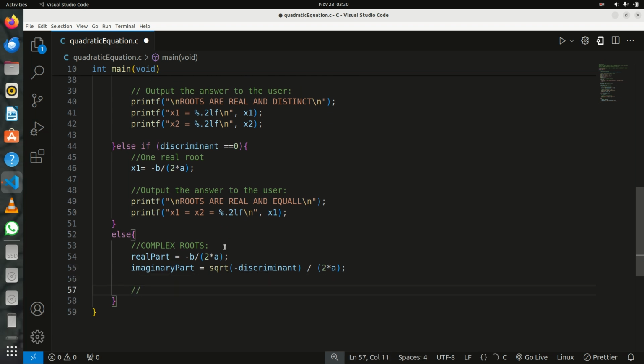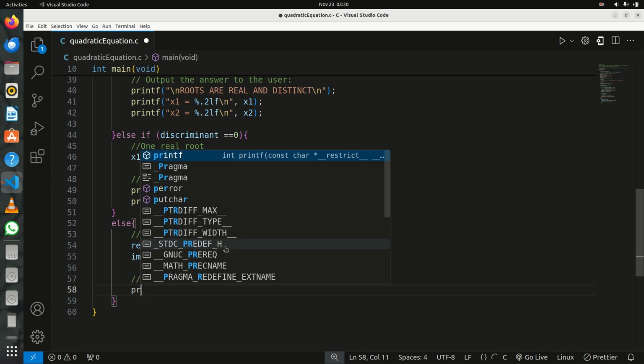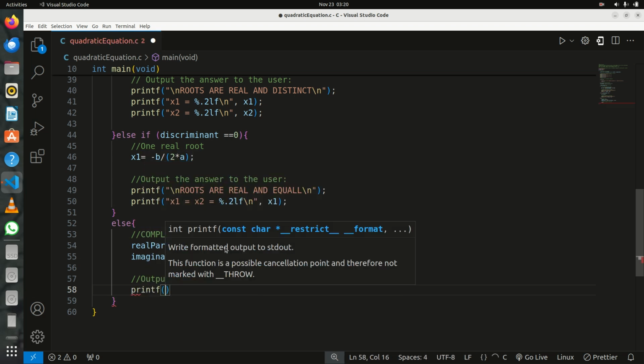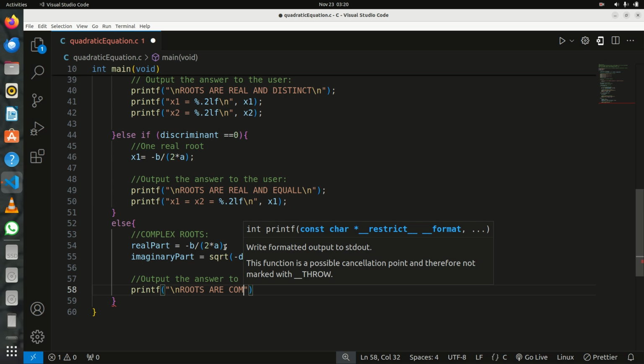Then we output and let the user know: roots are complex and imaginary.